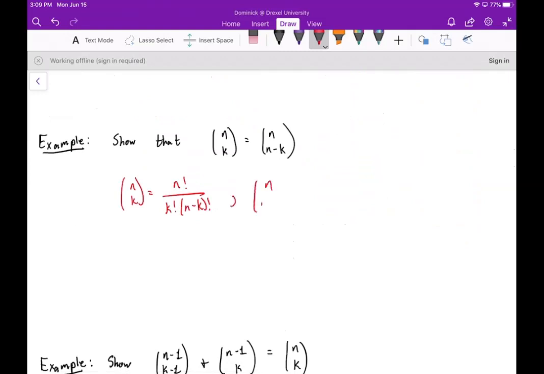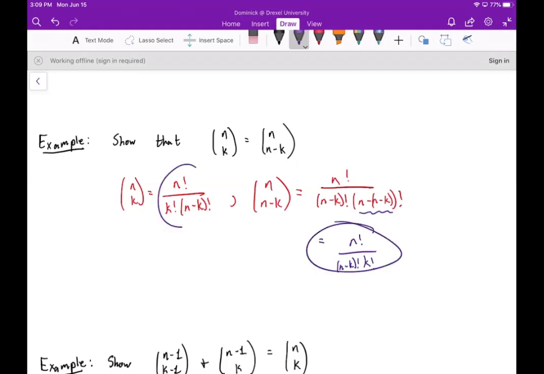Now, n choose n minus k would be n factorial over n minus k factorial times n minus (n minus k) factorial. But if you simplify this, you're going to get that this is n factorial over n minus k factorial times k factorial. And of course, these two are the same thing.